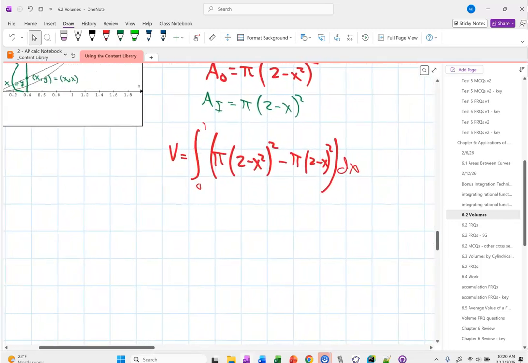As this is currently written, I could not integrate this. It would require a u substitution because of the composition, but there's not an extra x term floating around. What in the world should I do? I'm going to FOIL this out.